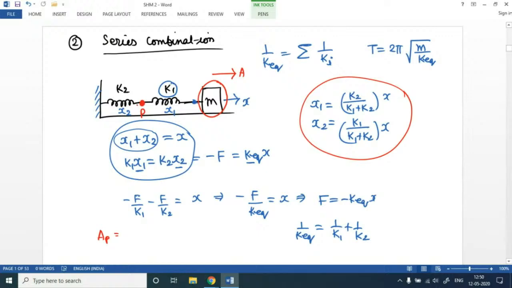The maximum elongation of the whole spring is basically A, so the maximum elongation of this spring here would be simply k1 upon k1 plus k2 into A. We have only replaced x by A and x2 by A_P in this relationship. So I hope this is clear to everybody.